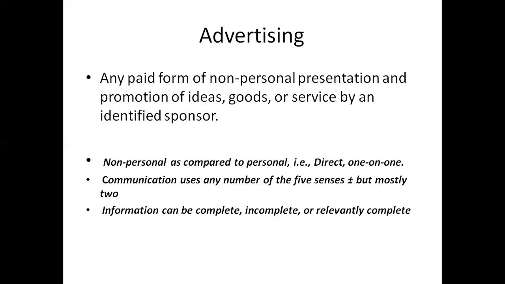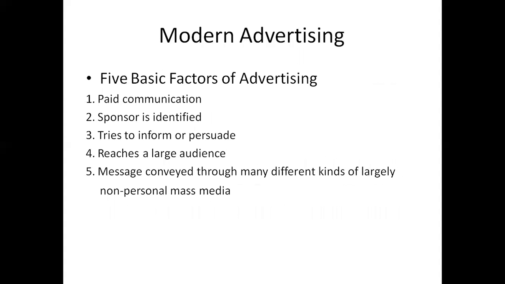So there are five basic functions, a few of which we have already seen. First, paid communication, which we have seen in the definition itself. Second, the sponsor is known. Third, it tries to inform or persuade, which means the objective might be to give information about the product or to persuade the customers to buy it. The fourth is a large audience, as it is non-personal communication, so it reaches a large audience.